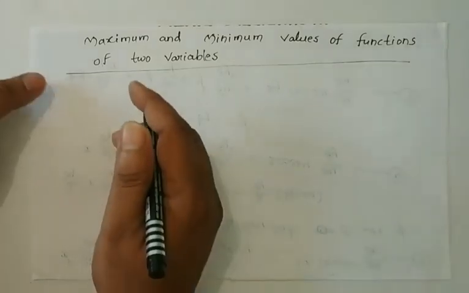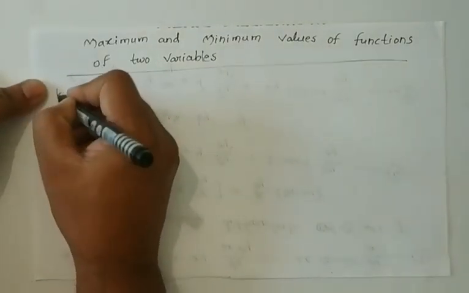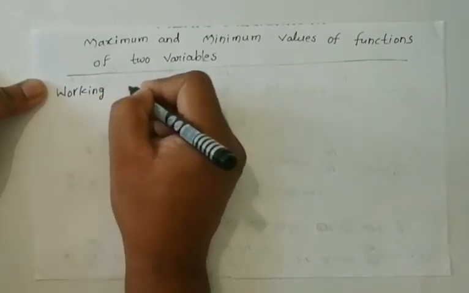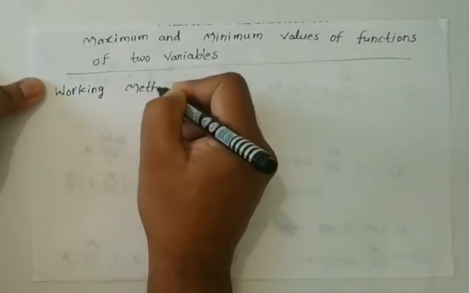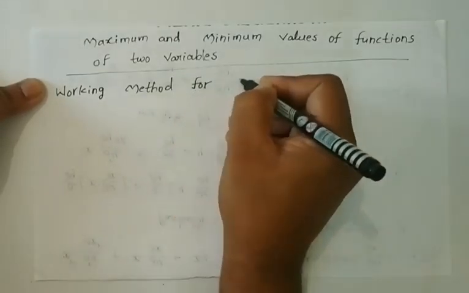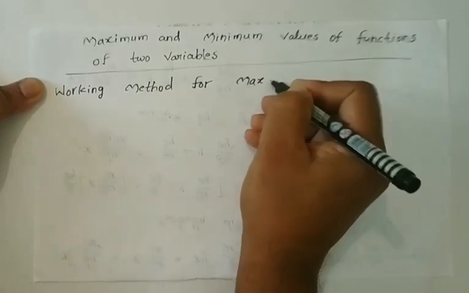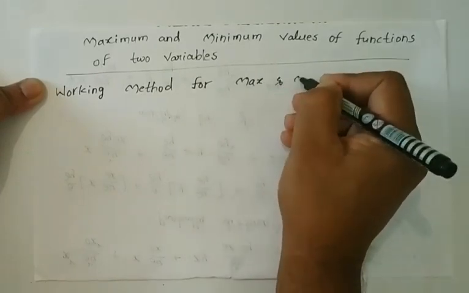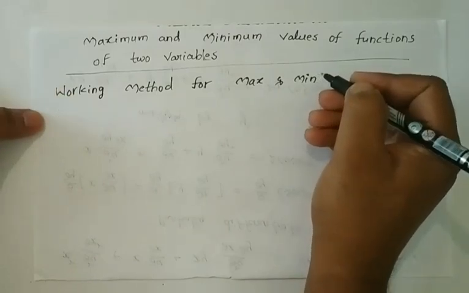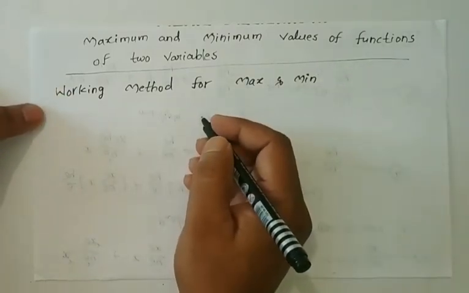First write down the working method for maximum and minimum. Max means maximum, min means minimum.